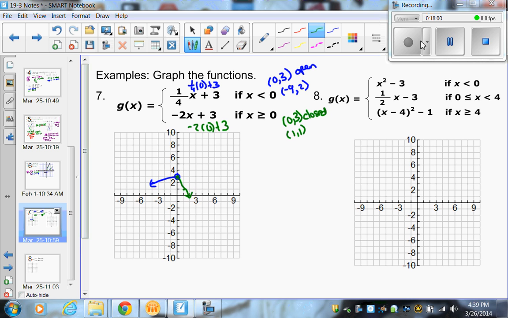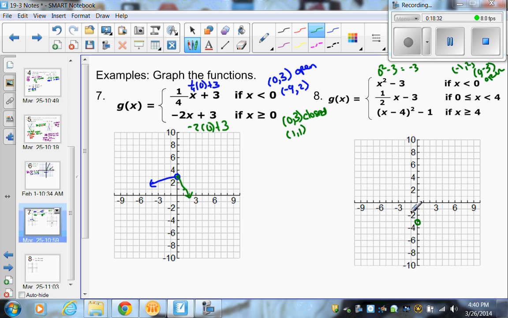Let's try another one. So I can plug in 0. So 0 squared minus 3 is going to be -3. And it's going to be open. And then less than, let's do -1. -1 squared is 1. 1 minus 3 is -2. So that tells me it also has to go through the point (-1, -2). So (0, -3), and it's open.